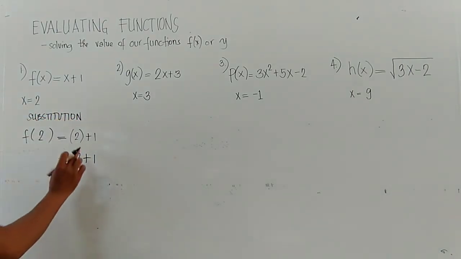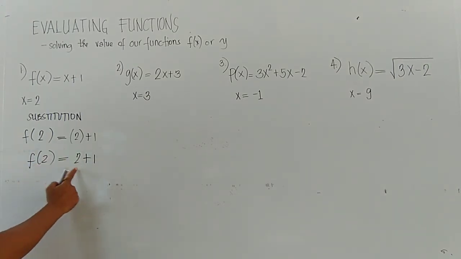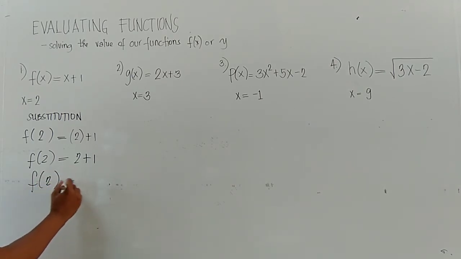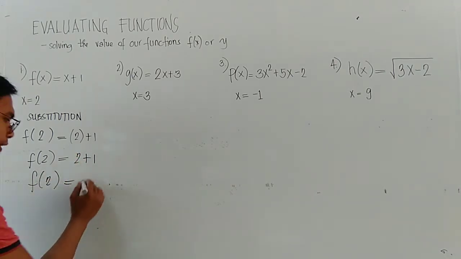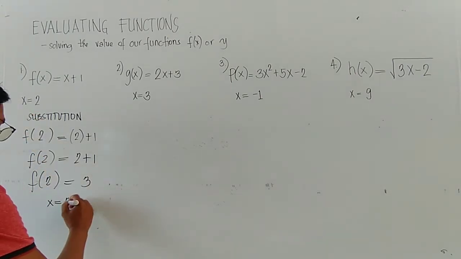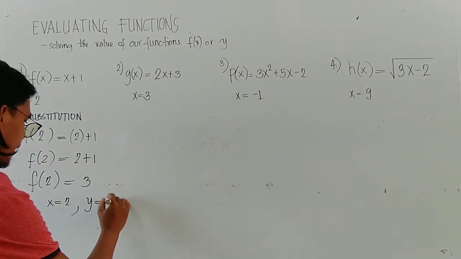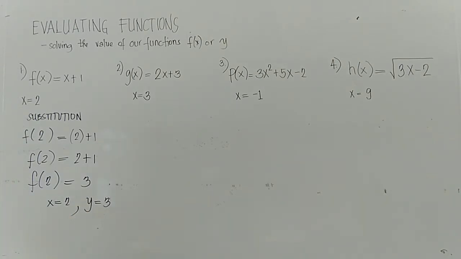Okay? So we have f of 2 is equal to 2 plus 1, and therefore f of 2 is equal to 3. So by conclusion, we can say that x is equal to 2 and y is equal to 3. Okay?